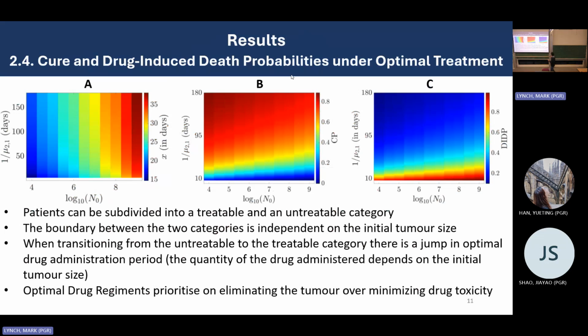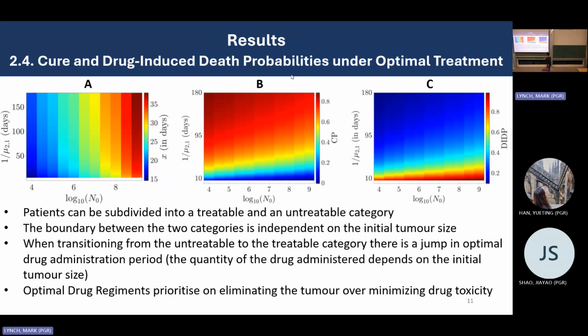And we can see that what's interesting is that patients can be subdivided into treatable and untreatable categories. So if you look at panel A, where the color coding relates to the optimal drug administration period, the white region is people that cannot benefit from the treatment. So the optimal administration period would be no drug at all.